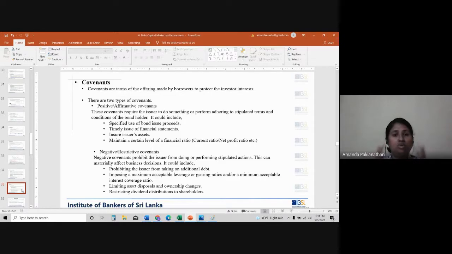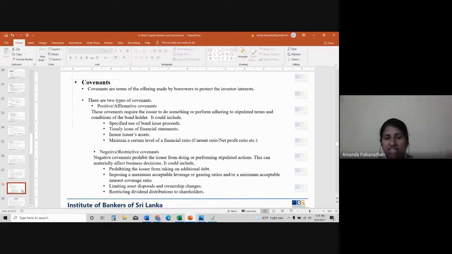They could say, as an owner you cannot get dividends for the next 5 years. You have to reinvest the profit entirely. Then again, the owner has to adhere to that if he needs to opt for that debt financing.